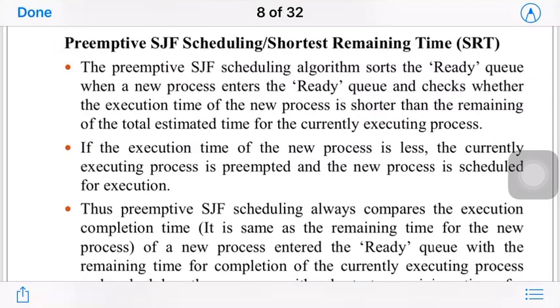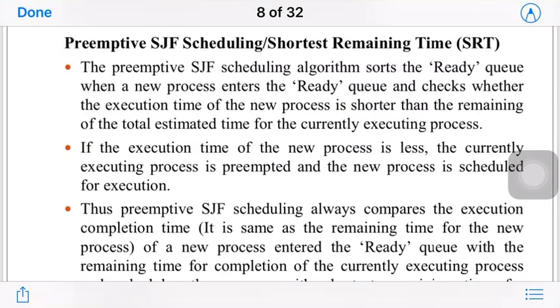So here, every time a new process is entering the ready queue, the algorithm will check who is requiring a lesser time to execute. Okay, so it checks whether the execution time of the new process is shorter than the remaining of the total estimated time for the currently executing process.